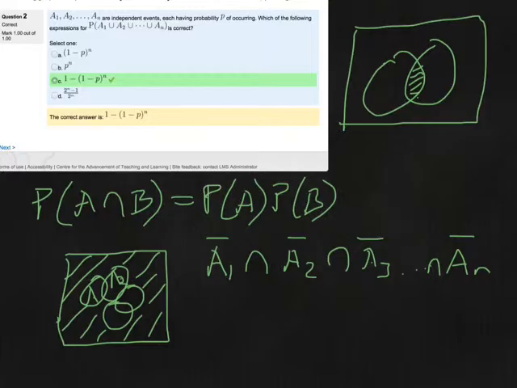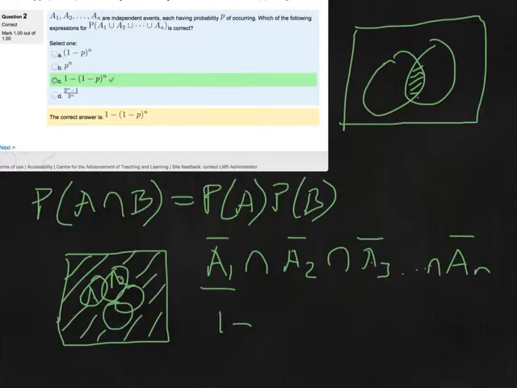And then all we have to do is remember that by this independence rule up here, it's the same thing as the probability of not A1, and that is 1 minus the probability of A1.